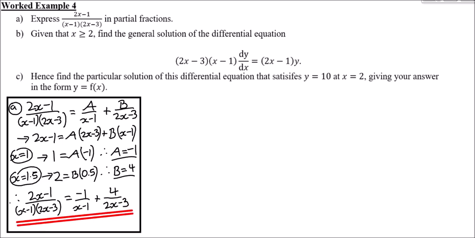So next we have part B. It's now asking us, given that x is 2 or greater, to find the general solution to this. What I'm going to do first, like I suggested before, is that the denominator of the derivative notation has no business anymore being a denominator, so I'm going to multiply both sides by dx as the first move.